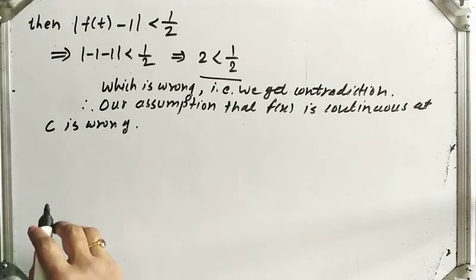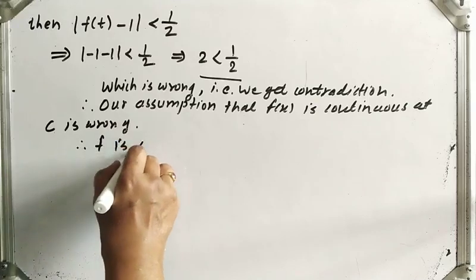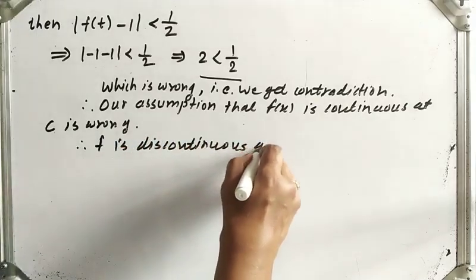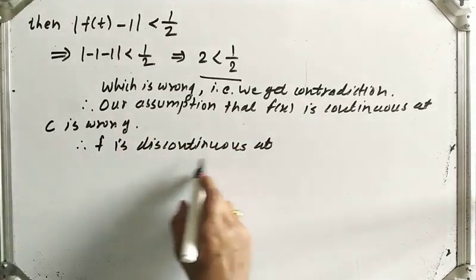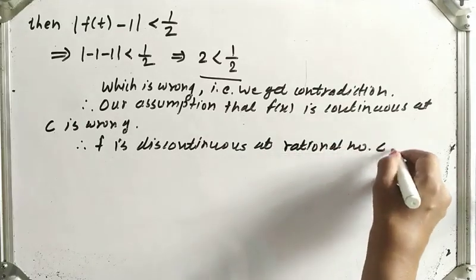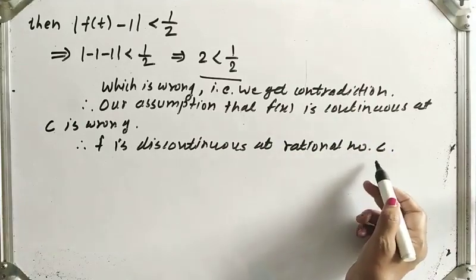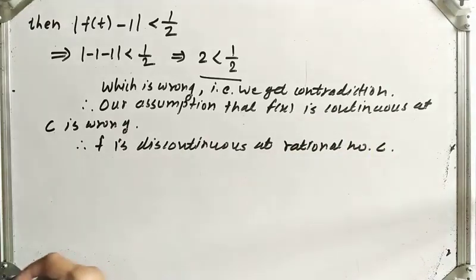Which means f is discontinuous. Therefore f is discontinuous at c. Our c was a rational number, therefore f is discontinuous at the rational number c. But we have chosen this rational number arbitrarily, therefore this result will be true for all rational numbers.